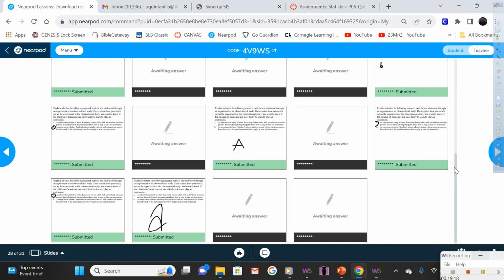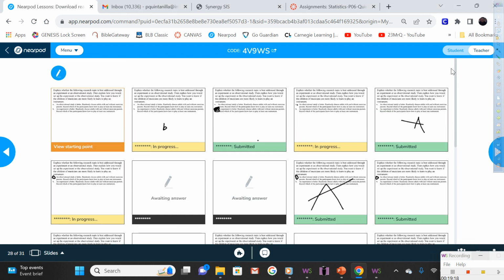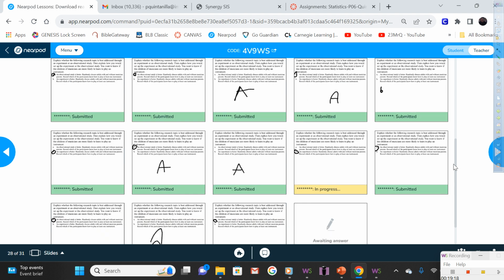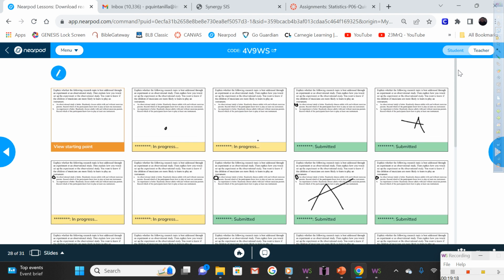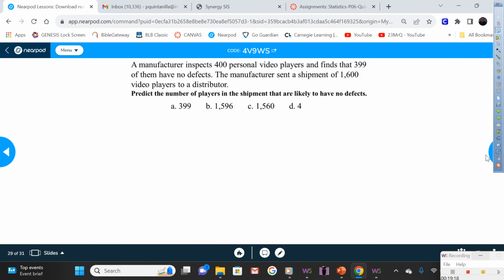All right, looks like the majority got A, which is observational. Hands if you got A. A, my bad. Yes. All right, let's go to the last one from the home plate.